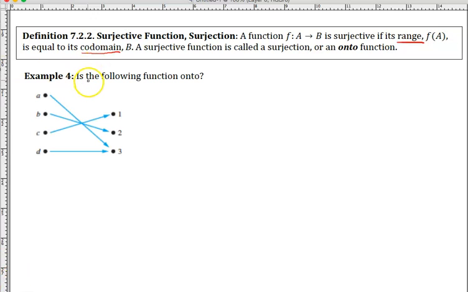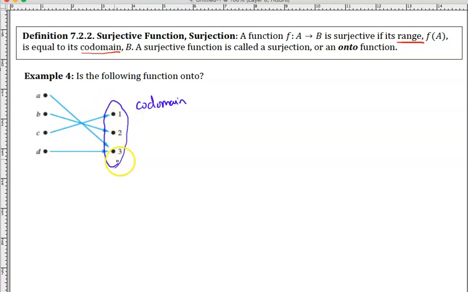All right, let's look at this example. Is the following function onto? Again, start with the arrow diagram. It's really helpful to see. We want to look at the values in the codomain, and they're all used up, with arrows going to all of them.